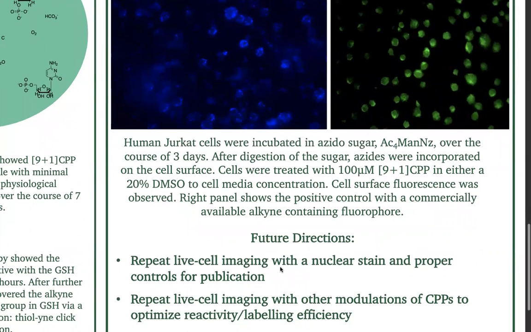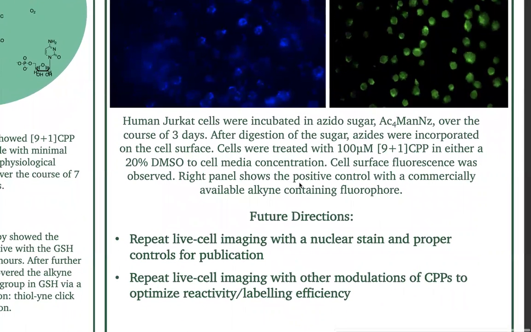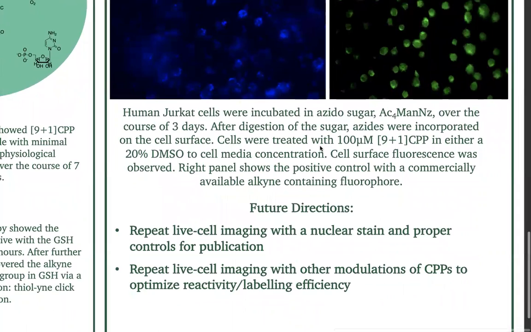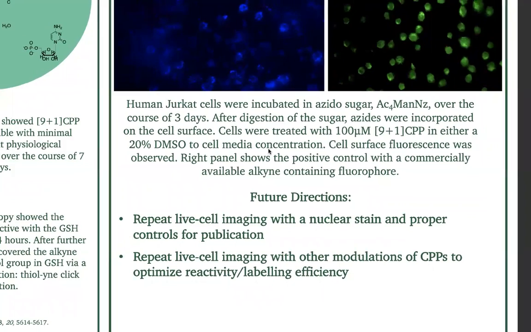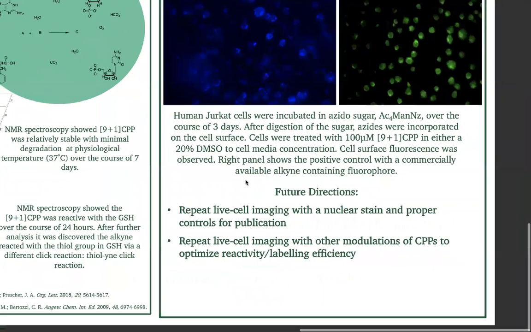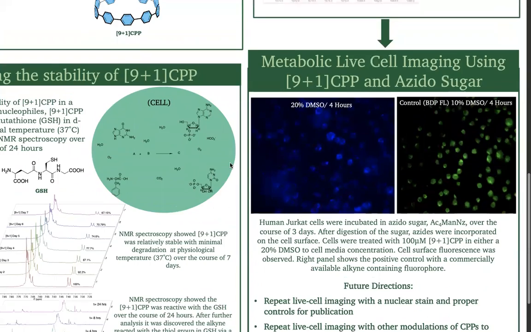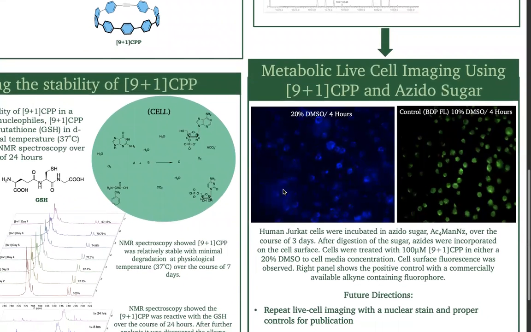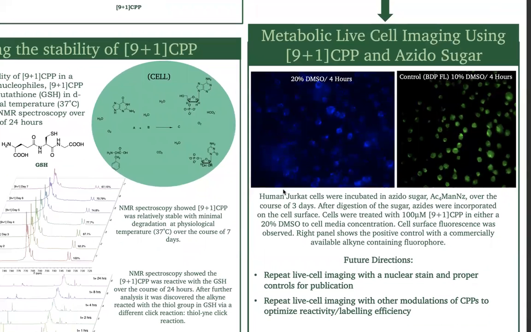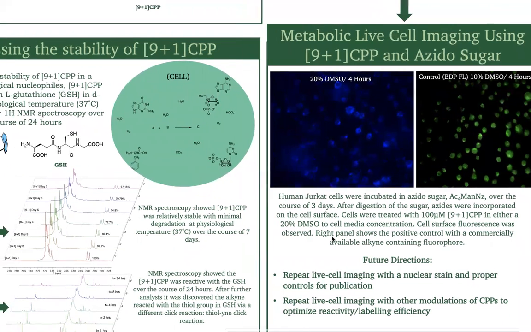So those are more publication-quality controls that we're looking for, as well as potentially repeating this experiment with different modulations of CPPs. Like I said, I used the 9+1 CPP because of its good balance between reactivity and stability, but ideally we could potentially make a CPP that's more reactive and maybe more fluorescent, with a higher quantum yield. So those are some ideas for the future.